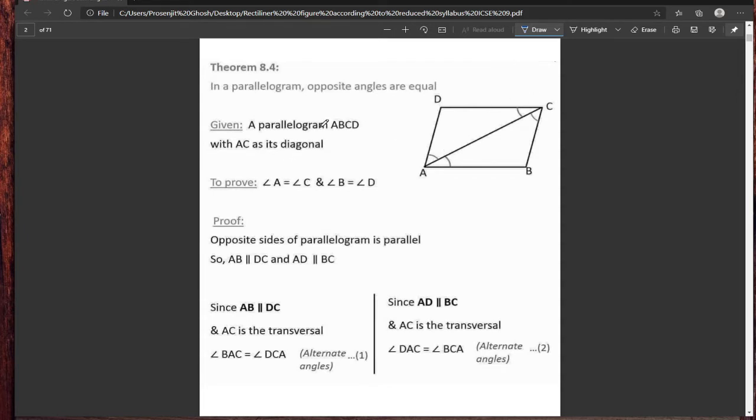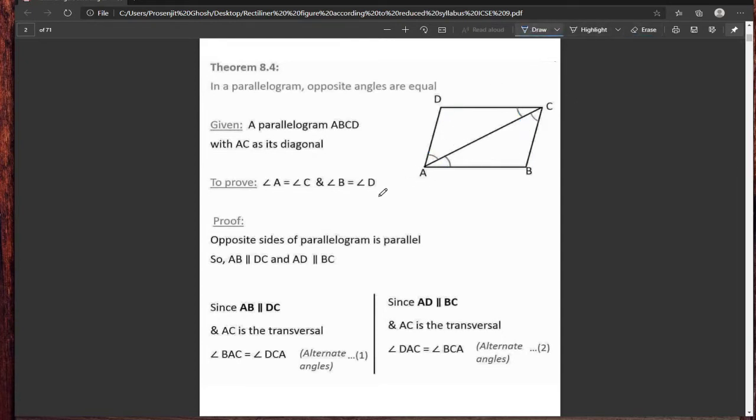Now, what we have to prove? We have to prove that angle A is equal to angle C, and angle D is equal to angle B. That means the opposite angles are equal.